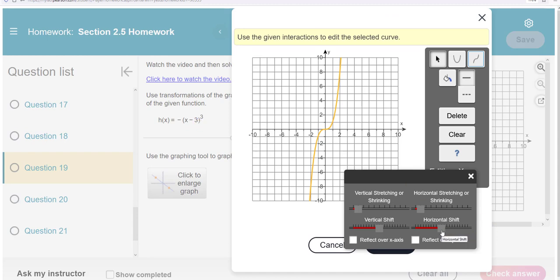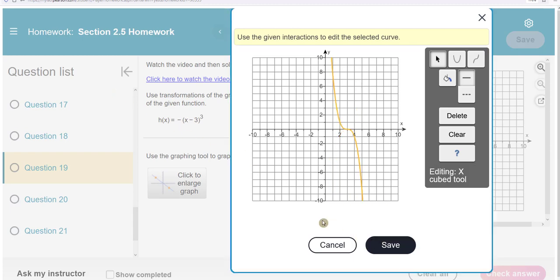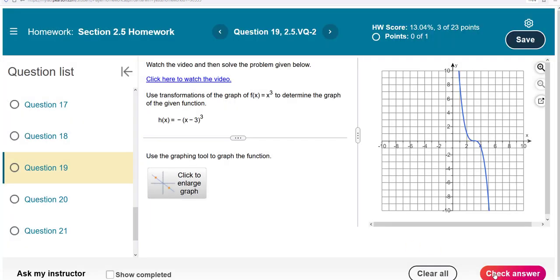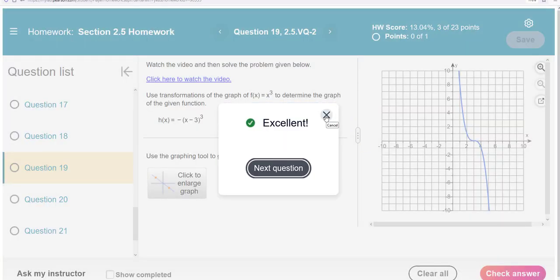This one you can't type in the number, you're going to have to move the cursor. So I'm going to move it over to the right 3. So now it's over 3, and then I want to reflect it about the x-axis because I have a negative in front. So reflect it about the x. And this is how the graph looks. Check my answer. And as you can see, we got it correct.